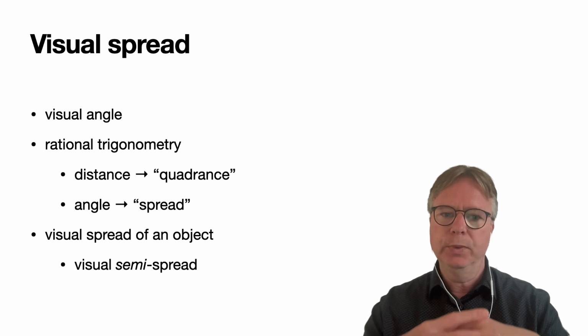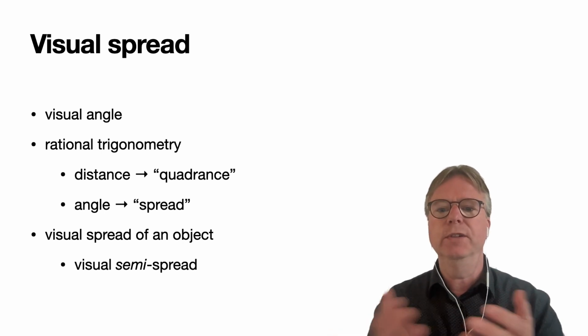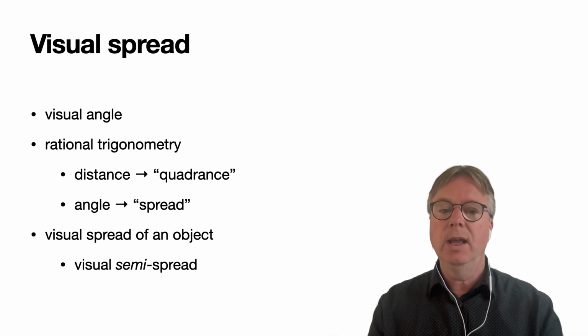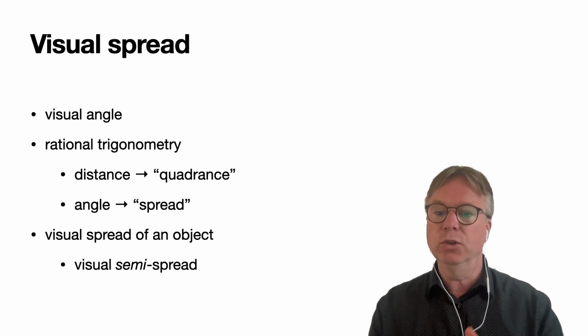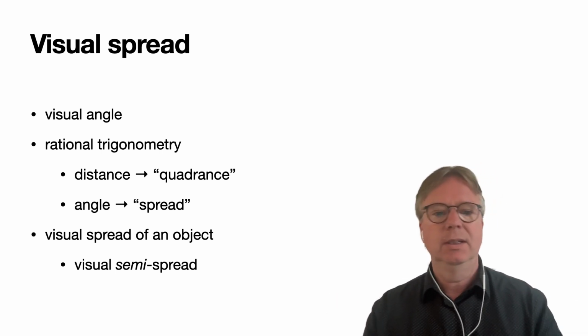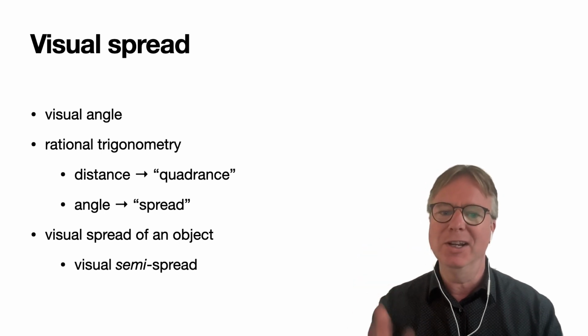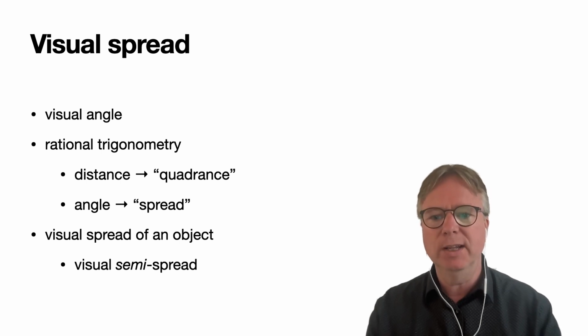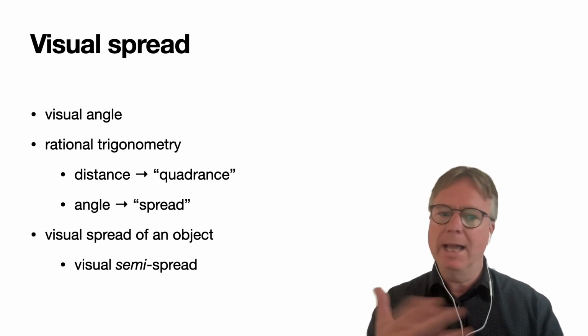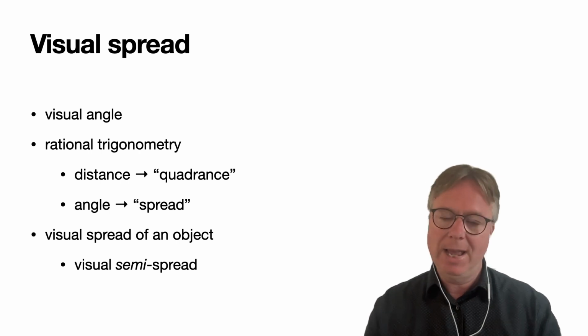So eventually we're going to talk about the visual spread of an object. And it turns out that the visual semi-spread, say half the spread, that's not correct, but just to give you an idea, turns out to be the easiest way to think about it and a really elegant solution.